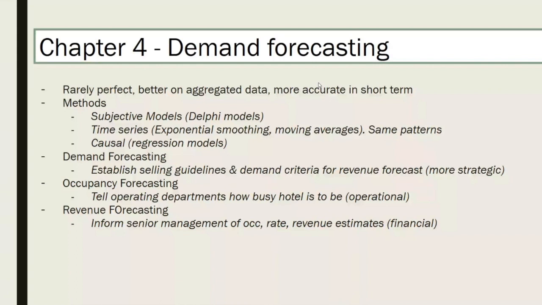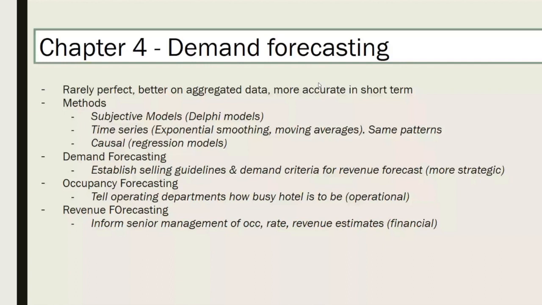You have occupancy forecasting, which is more operationally orientated, and it tells operating departments how busy the hotel is expected to be. So this looks at constrained demand, because if you're looking at occupancy, you can only go to 100% occupancy and accept a certain amount of guests, right? You can't accept more guests than rooms you have. So this is where occupancy forecasting will look at the constrained demand.